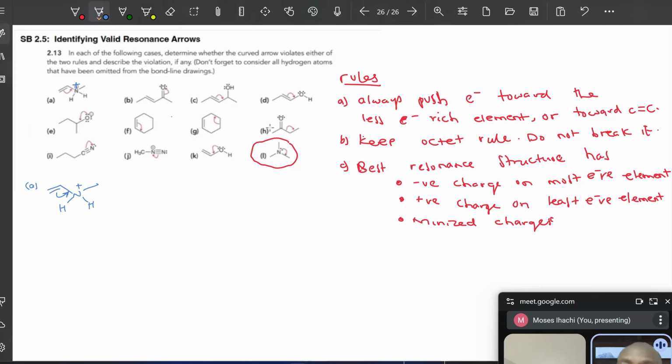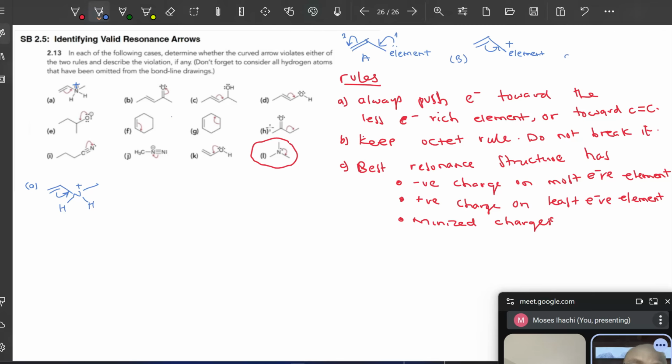The other thing I should have shown you are the three cases of the resonances. Case A will always push two arrows. Then case B will push one towards the plus sign. You know why? If the element is here, that's positively charged, as long as you're maintaining octet.